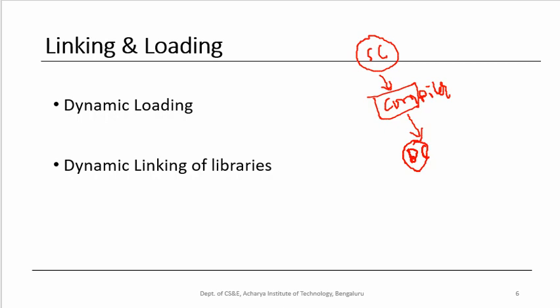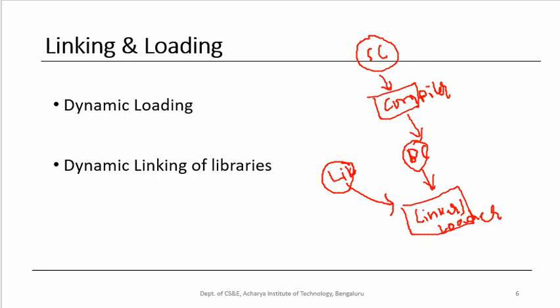This object code is the input to the linker loader. Let's say we combine the operations of linking and loading into one module, and we call this the linker and loader. So what does this linker loader do?